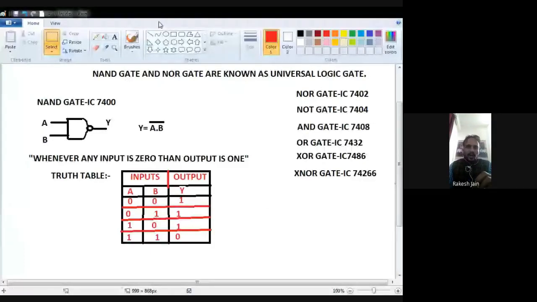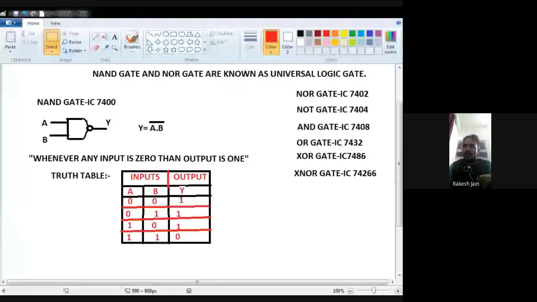So if you understand the NAND gate, kindly write down yes in the message box. If you understand the truth table, symbol, equation and basic definition, how we make the truth table, then kindly write down yes in the message box so I understand.